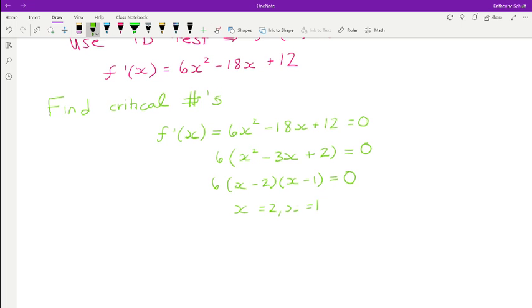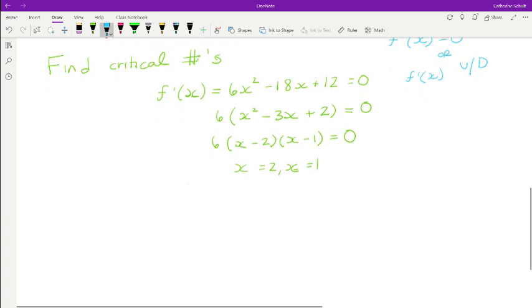I want to point out too, remember critical numbers are when the derivative is 0 or where the derivative is undefined. And the derivative is defined everywhere, so that's not our case. We just have to worry about where the derivative is 0.